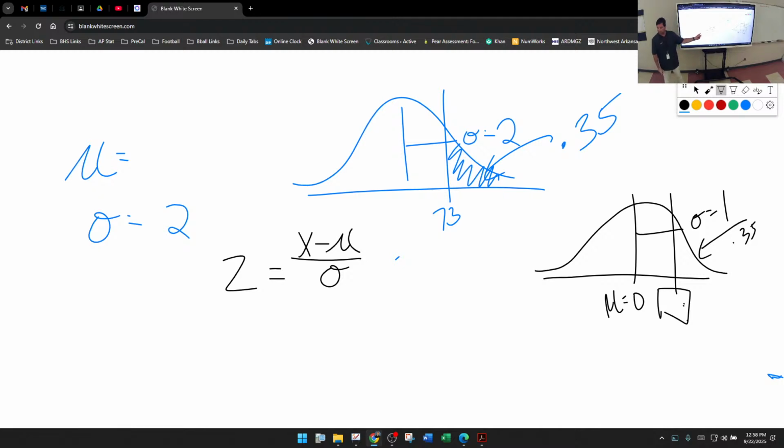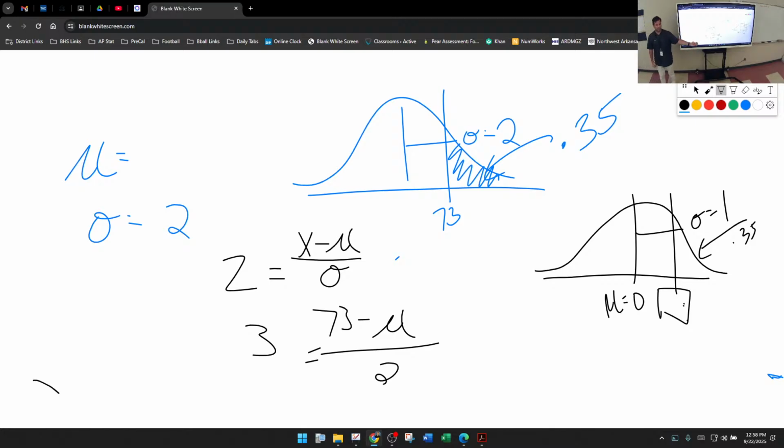So I now know this z-score for that 73, and I know that x is 73. I don't know what mu is, but I know the standard deviation is 2, and I don't know what that z-score is. Let's just say it's 3. I don't know. Okay, that's probably way off, but good. So we just cross multiply, move that 73 to the other side, and now you know what mu is. And that works with finding the mean, and that works with finding the standard deviation.